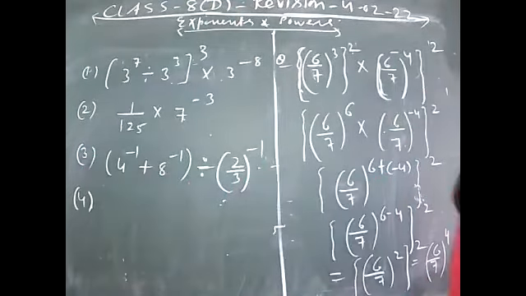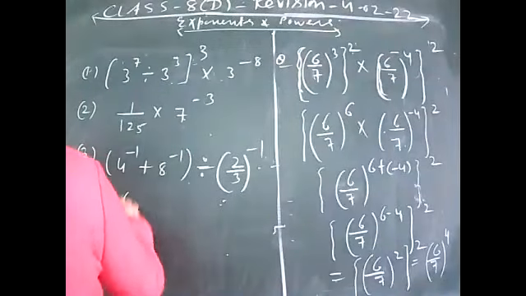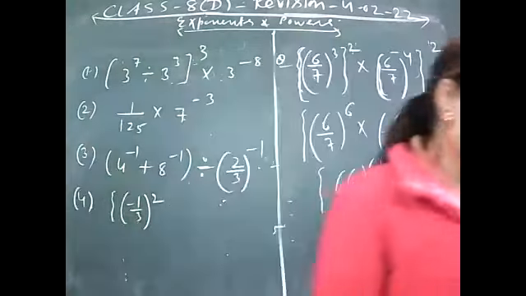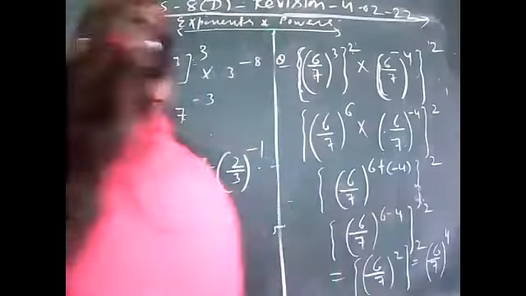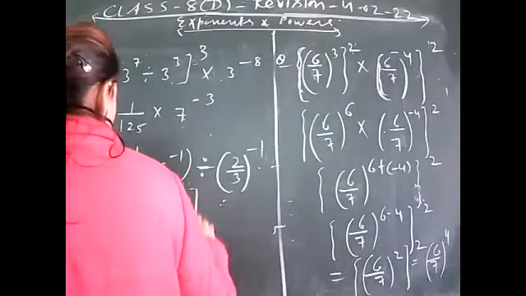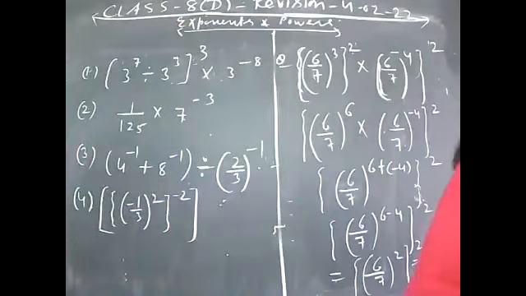Fourth question. Minus 1 by 3 raised to power 2, raised to power minus 2, then whole raised to power minus 1.